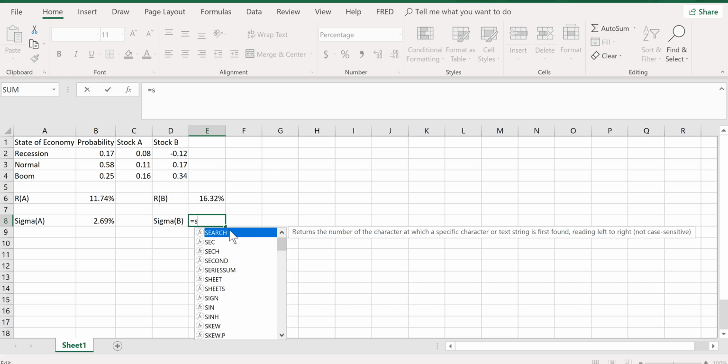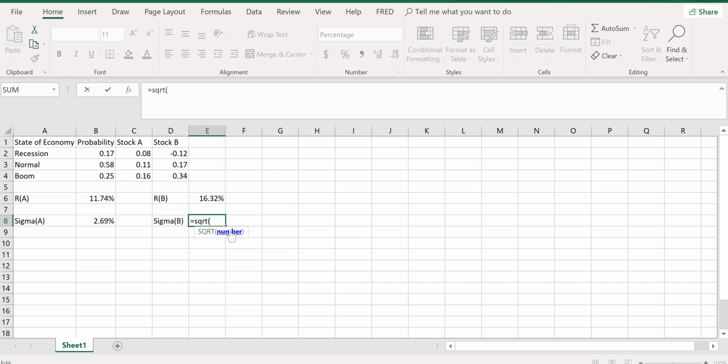So remember, it's square root. It's a big parenthesis because everything needs to be inside that square root. And then it's the probability under recession times the deviation for under recession for stock B minus the expected rate of return for stock B. So that's the deviation.